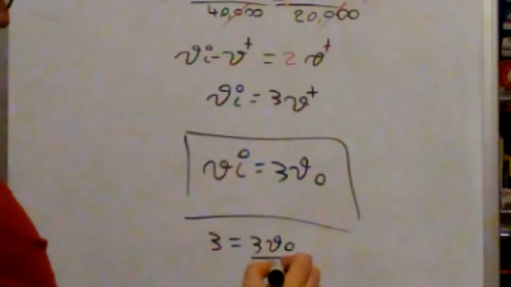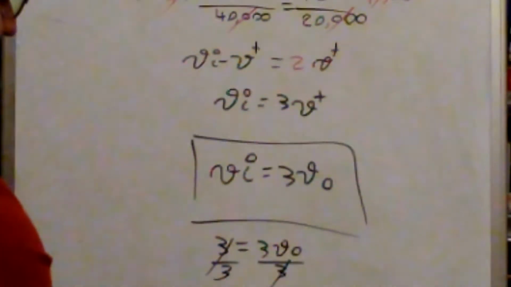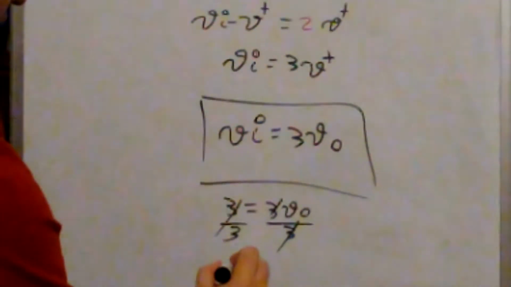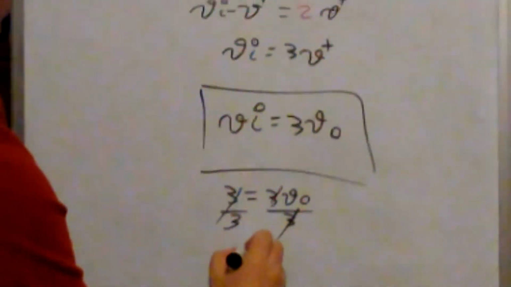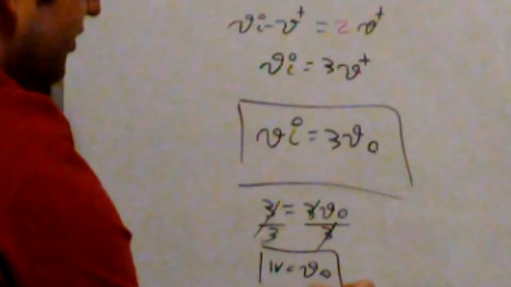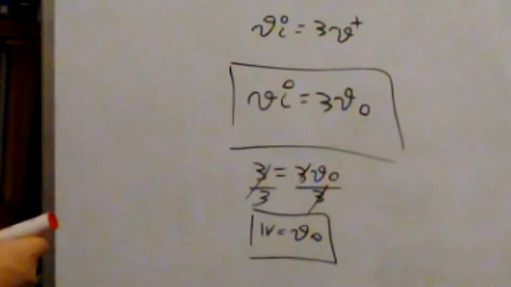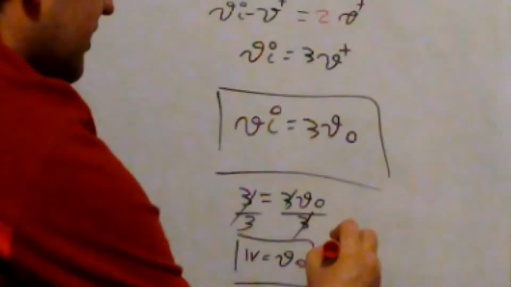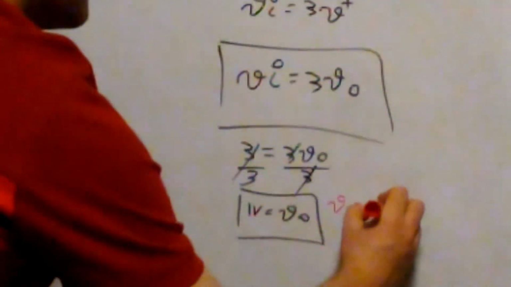So we divide by 3 at both sides, and we get that 1 volt is equal to Vout. This is for the first case, when Vi is equal to 3 volts.